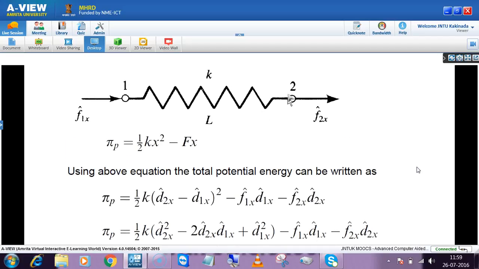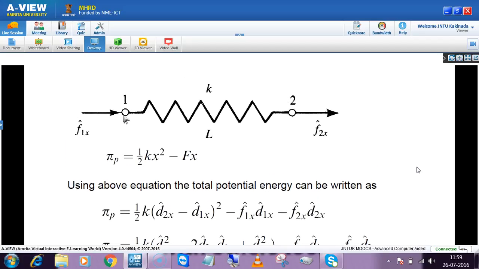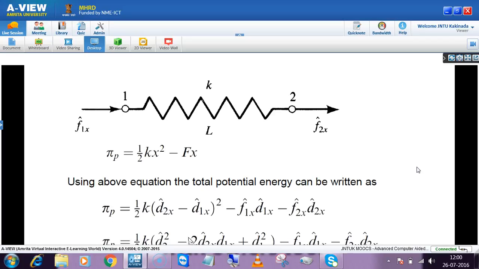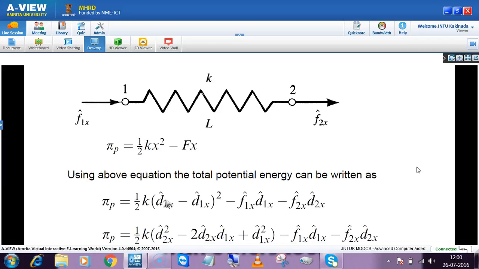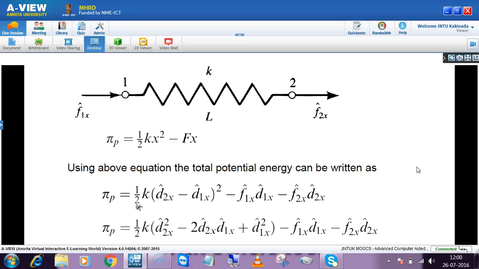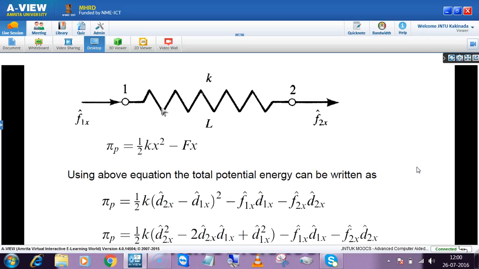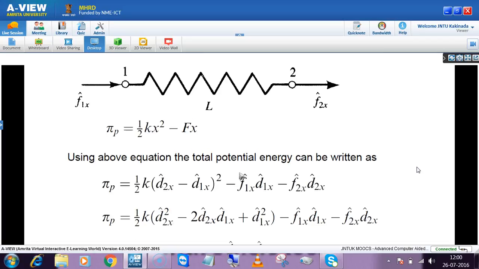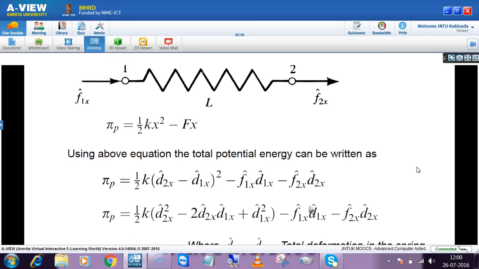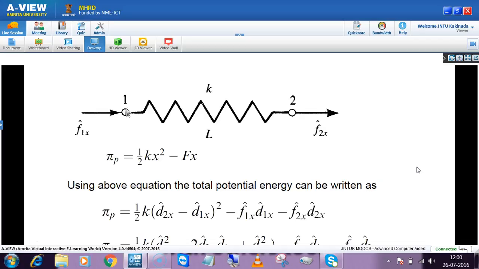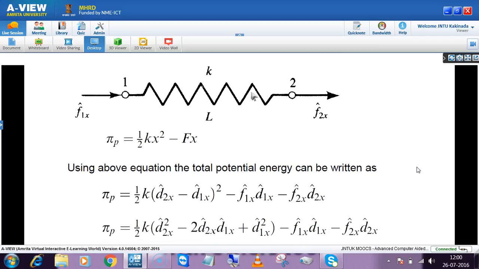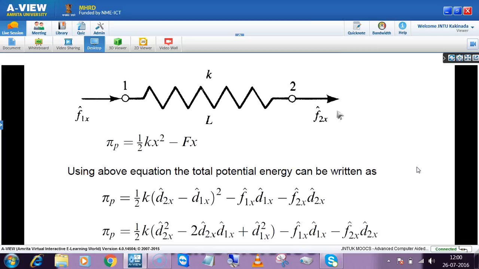Using the above equation, the total potential energy can be written as follows. The total deflection is given as d2x minus d1x, where d1x is the deflection at node 1 and d2x is the deflection at node 2. So x can be written as d2x minus d1x, whole squared.